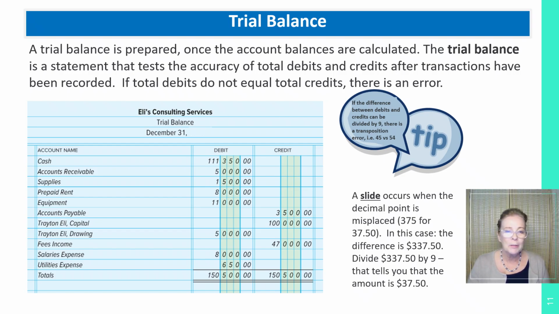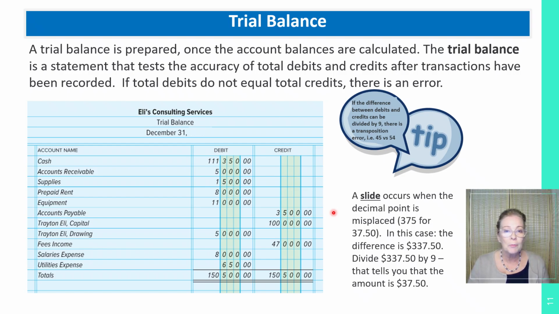The difference between 5,300 and 3,500 is 1,800, which is divisible by 9, and that would therefore be a transposition error. A slide occurs when the decimal point is misplaced. So you've entered one side as $375 and the other one is $37.50. Those are the two typical errors that you might find.